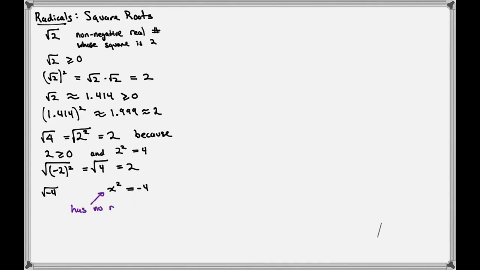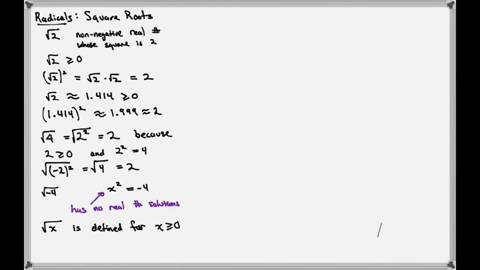So this equation has no real number solutions, which means the square root of minus 4 can't possibly be defined. It has no meaning at this point. There's no real number whose square is negative 4. As a result, the square root of x is defined only for x greater than or equal to 0.